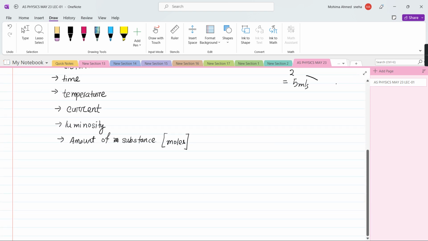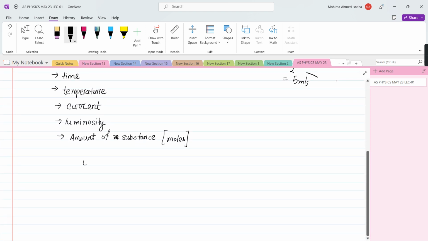So a few examples of derived quantities are, first, speed. If you just write it down, the equation for speed is distance over time, right?